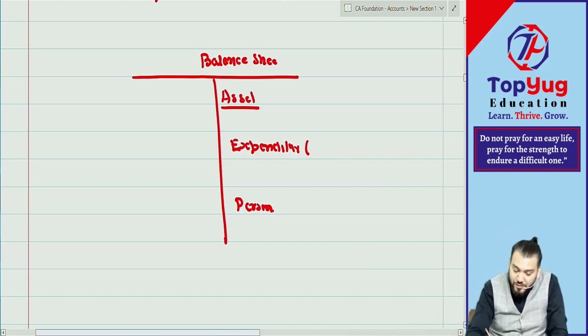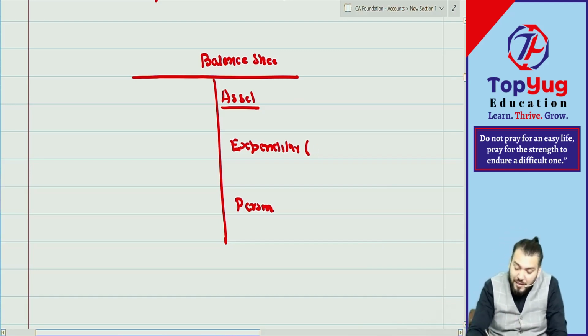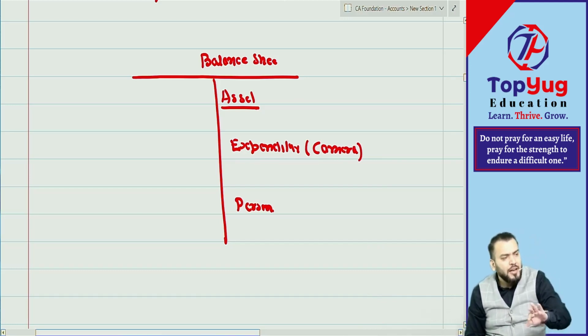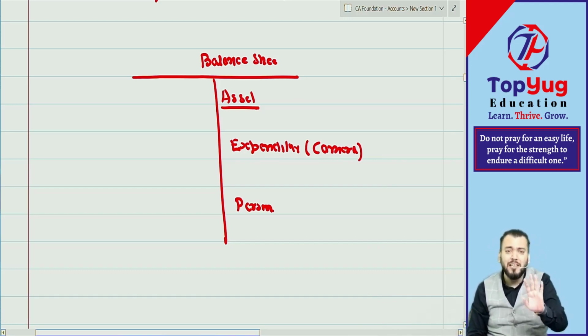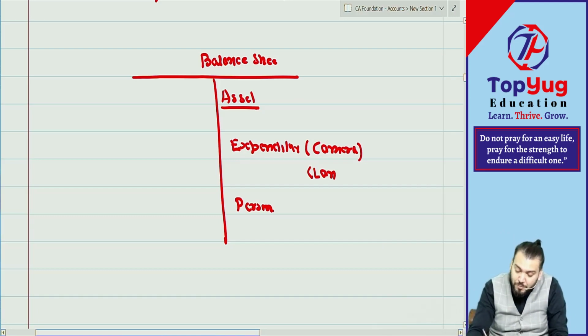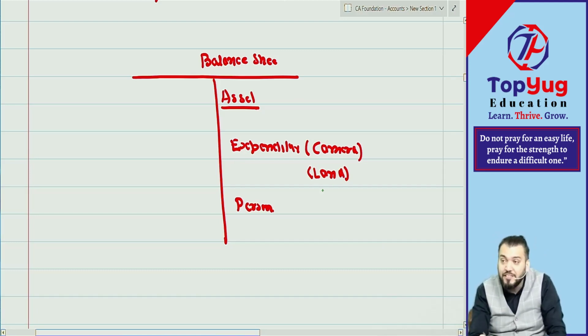But which expenditure for which benefit is not yet derived? For example, a camera. We purchase a camera. Have we derived all the benefit? No. Benefit will be derived in future. Therefore, camera becomes an asset. For example, land. You purchase land. Benefit will be derived. So all such expenditure is nothing but whatever you know about fixed assets.